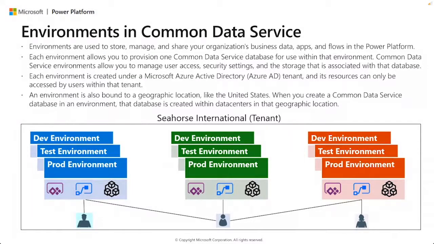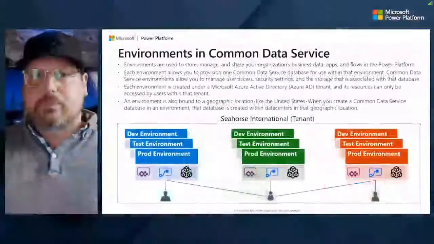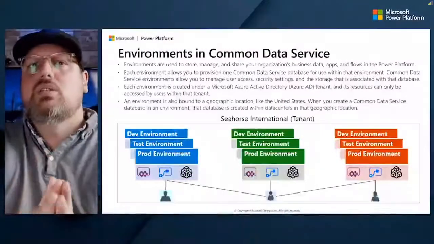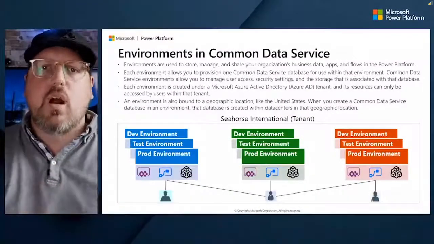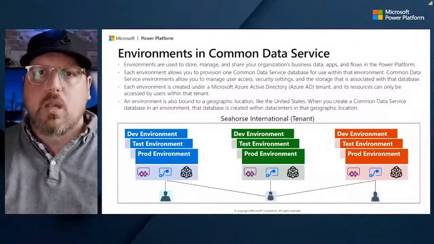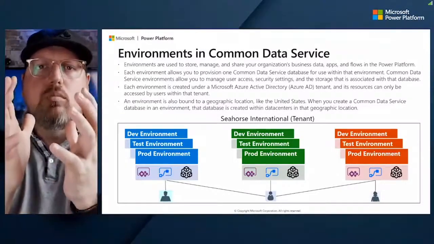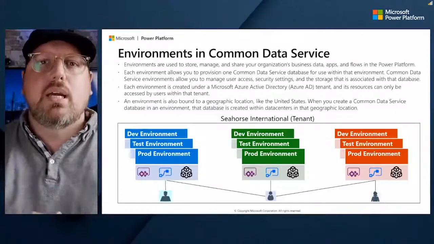An environment is also bound to a geographic location, like the United States. When you create a Common Data Service database in an environment, that database is created within data centers in that geographic location. And the reason you would want to use different geos for your environments is the following. Think of it if you are, let's say, Contoso Americas, right?